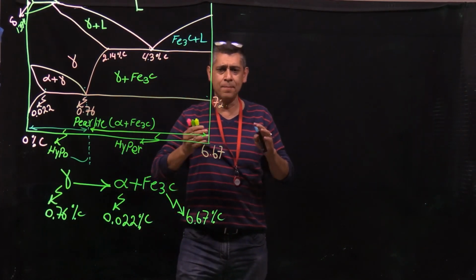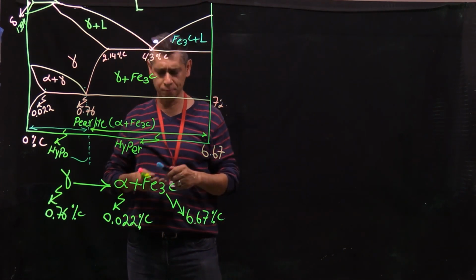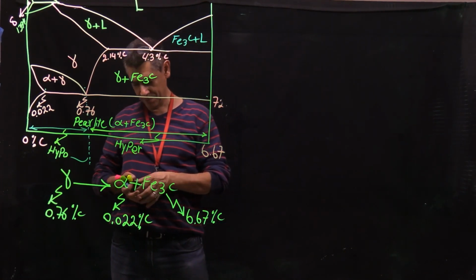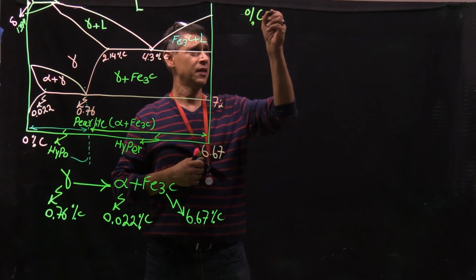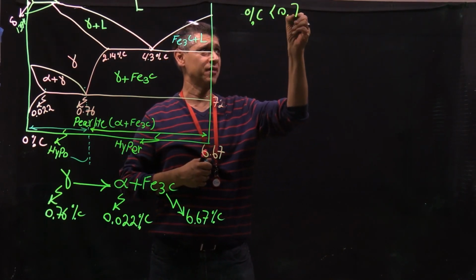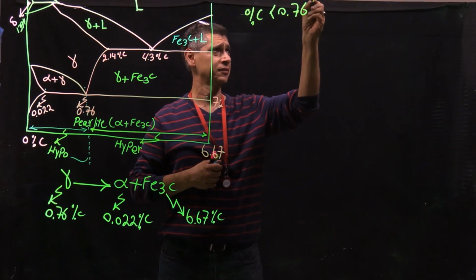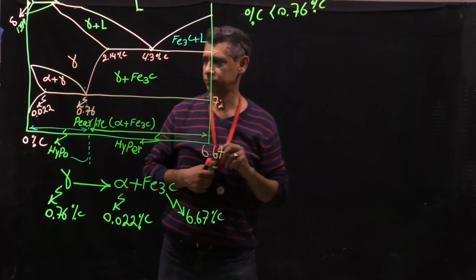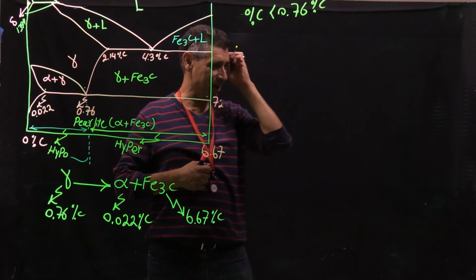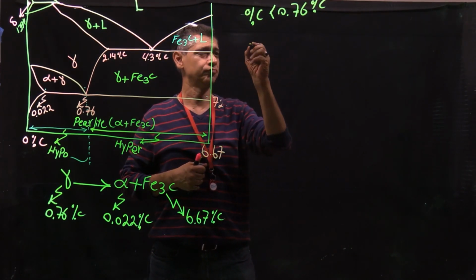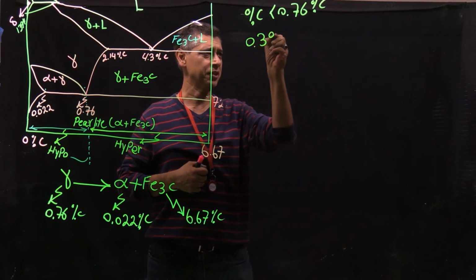Assuming I am in hypoeutectoid, it means my carbon content is less than 0.76%. Let's say I have roughly around 0.39% carbon.